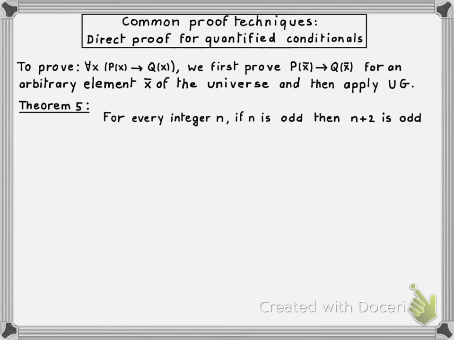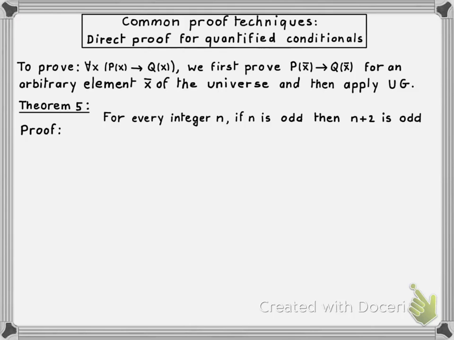Notice that the dummy variable here is called n instead of x, but we do have a universal quantification here. p of x, which is p of n here, corresponds to n is odd, and q of x, which corresponds to q of n here, is n plus 2 is odd. So this is the theorem that we're going to prove to illustrate this new proof technique.